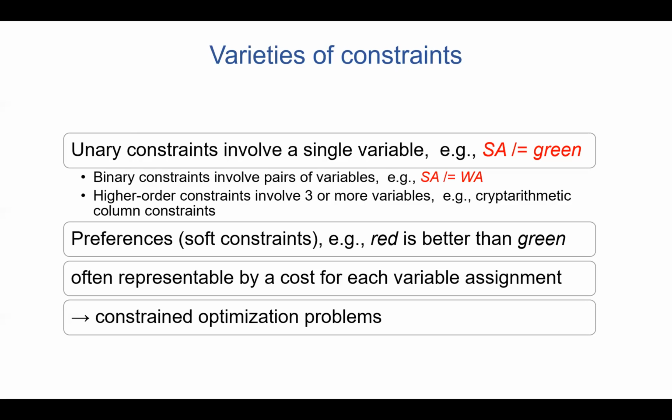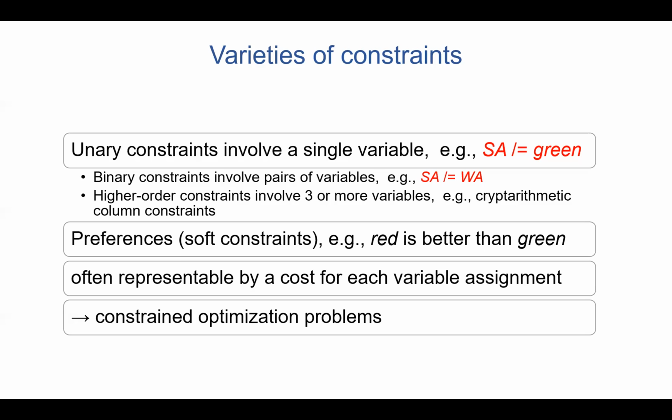Then we have binary constraints, which we have just seen a couple of slides before. A binary constraint involves two variables. Then we have higher order constraints that involve three or more variables. For example, n by n queens. We have seen A, B, C, D, 1, 2, 3, 4, 5. So constraints that involve three or more variables are higher order constraints.